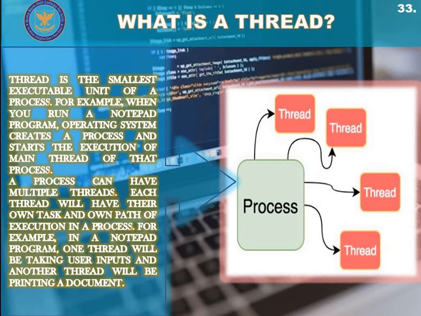These processes are like buildings, and every building has multiple rooms inside it. So these threads are like rooms. A company has multiple buildings, and multiple buildings have multiple rooms inside them. So a company is like a program or software, buildings are like processes, and rooms are like threads.